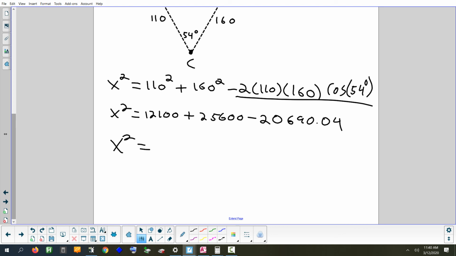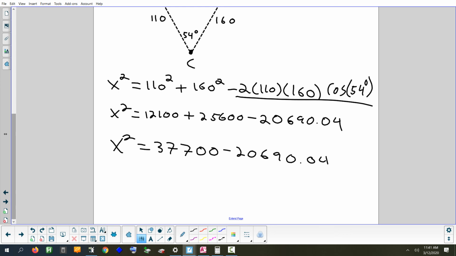Now we can add those up. 12,100 plus 25,600 is 37,700. So 37,700 minus 20,690.04. I'm just going to leave that like that for this step.